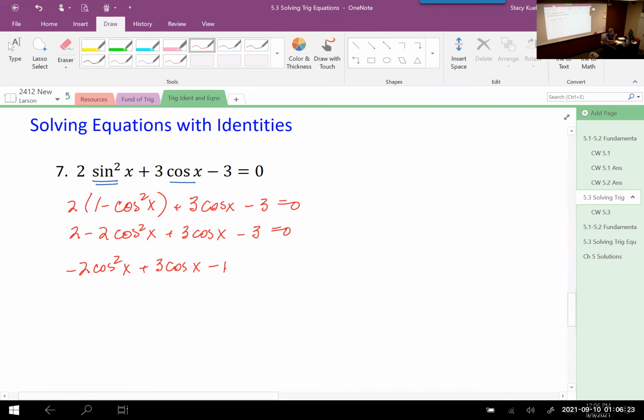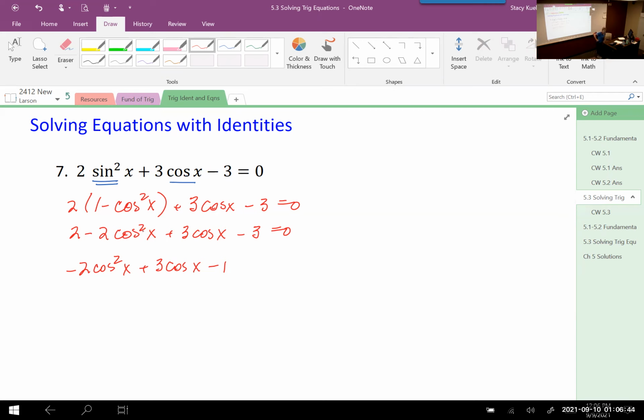I'm collecting like terms, but I'm writing it in descending order because that's how we factor.